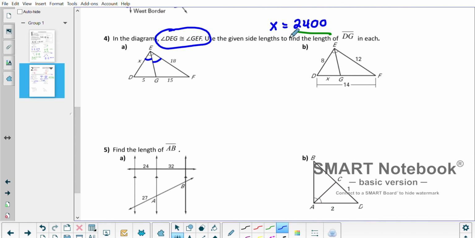So it asks to find DG, but we're going to find DE in this first problem. So we know that x over 18, these second sides, are equal to 5 over 15, that base that got split into 2. So here we get 15x is equal to 80.